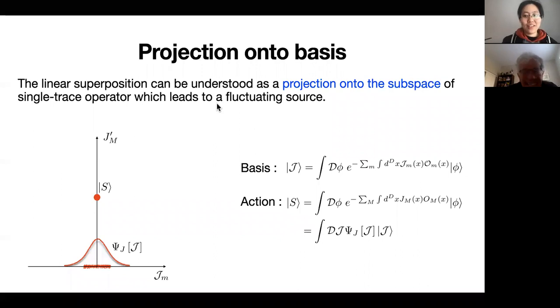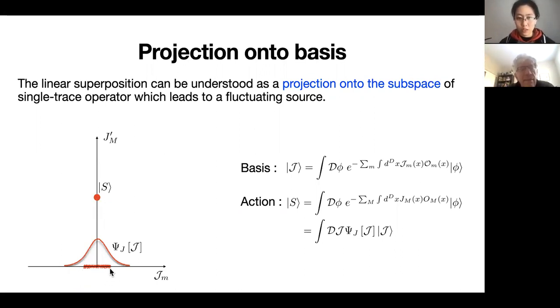So here, the linear superposition can be understood as a projection. For a theory corresponding to one point in the coupling space, it will give us a finite region in the subspace of single trace coupling.